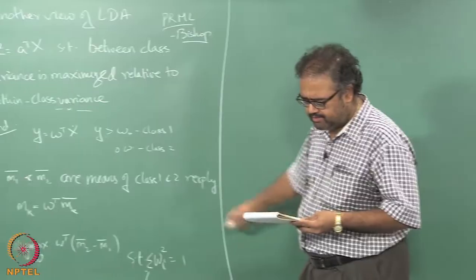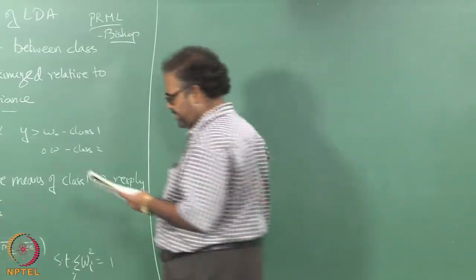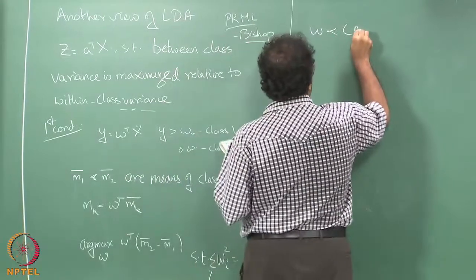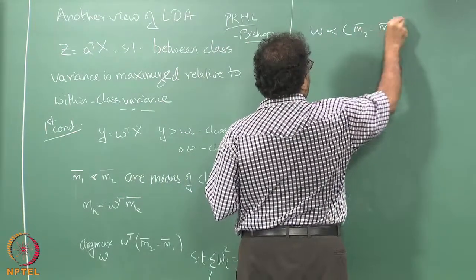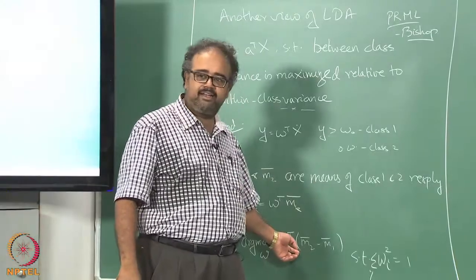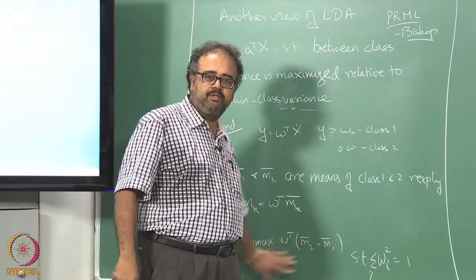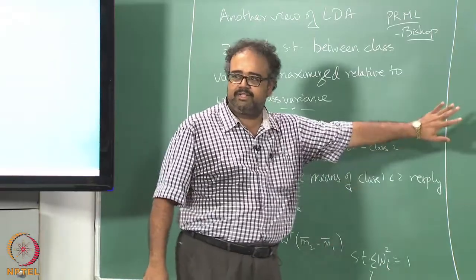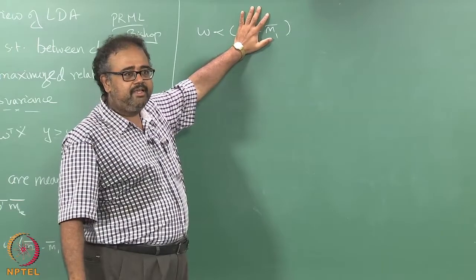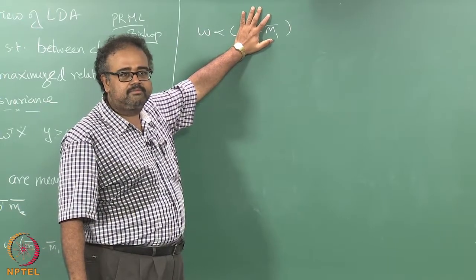So you can solve this, but the take home message is that W will be proportional to, you add that constraint here and take the derivative, W will become W. There will be some constants, but essentially W will be in the direction of M2 minus M1.